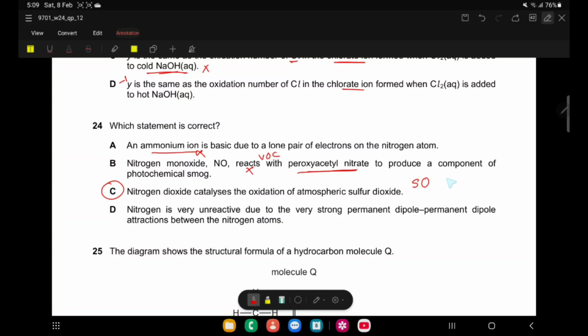Actually this is our correct answer, because when sulfur dioxide and nitrogen dioxide react, they form sulfur trioxide and NO, nitrogen monoxide. Here nitrogen dioxide is being reduced, acting as an oxidizing agent. The last one is nitrogen is very unreactive due to the very strong permanent dipole moment. No, this is a wrong answer.